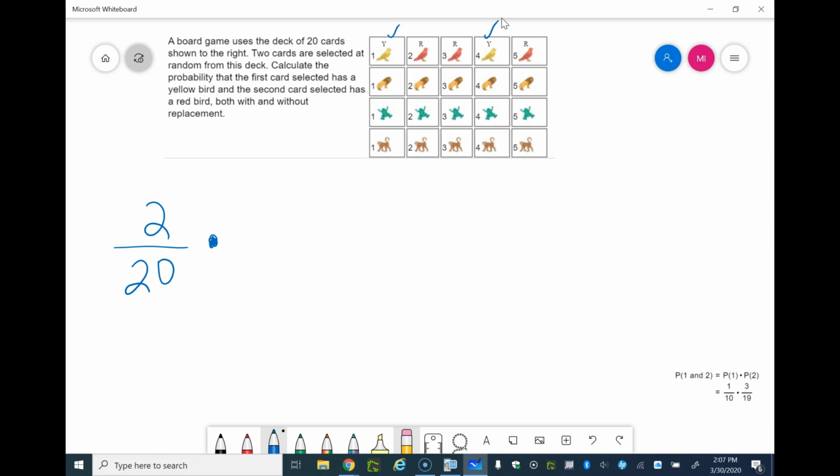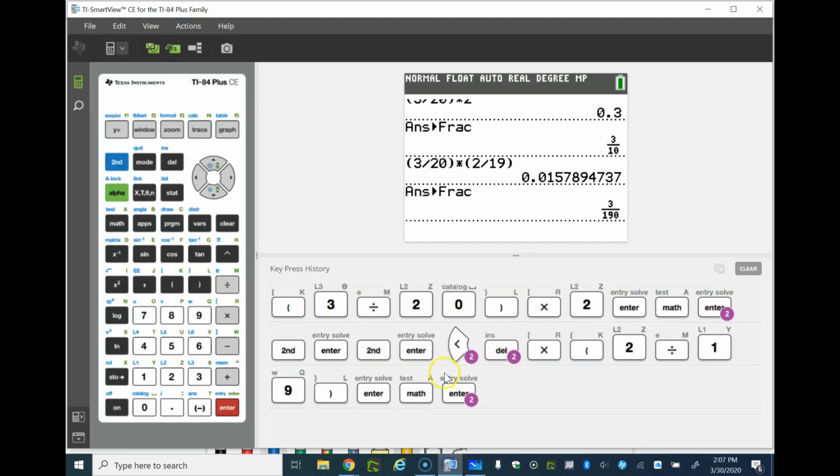Times, now this time here we're going to be doing with replacement. So for here we're going to put that yellow bird that we selected back in the deck. So we still have a full deck of 20. However, this time we're looking for the second one to be a red bird. So how many red birds do we see? 1, 2, 3. So for this one here, we multiply them together in our calculators.